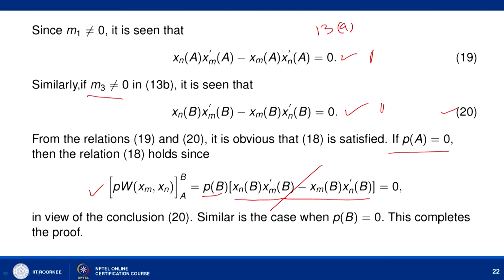Now, 20 is true means this Wronskian, this p W(x_m, x_n) given at b and a, is equal to 0 if p(a) equals 0. Similarly, we can handle the case when p(b) equals 0.